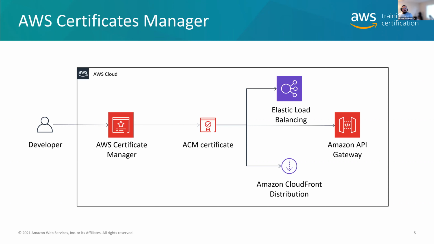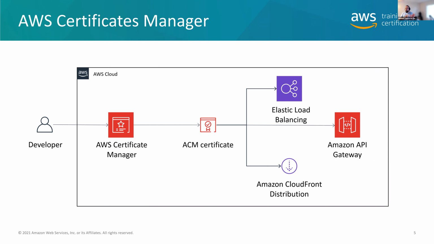This is where things like ACM, the AWS Certificate Manager, come in. It's a tool you can use to request certificate renewal. And if there's a load balancer terminating the certificate, AWS will rotate it automatically. You can request things from the certificate manager to publish, manage, and provision TLS and SSL certificates.